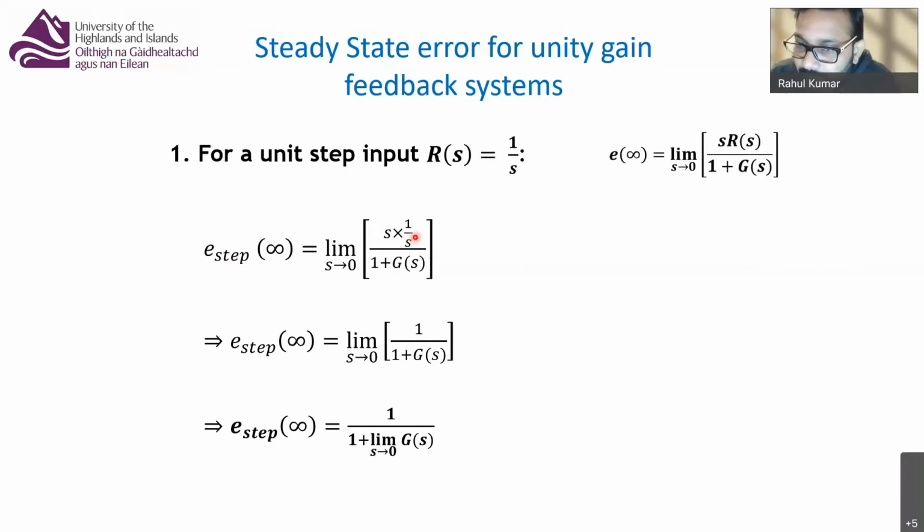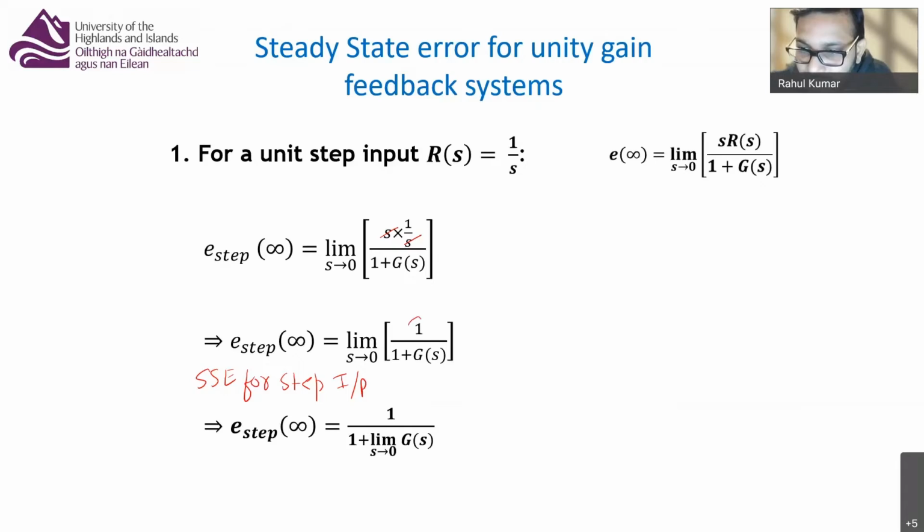Obviously this s and this s will get cancelled. Simple calculation like that, and I will be left with e step, that is your steady state error for step input. It will come out to be limit s tending to 0, 1 divided by 1 plus G of s.